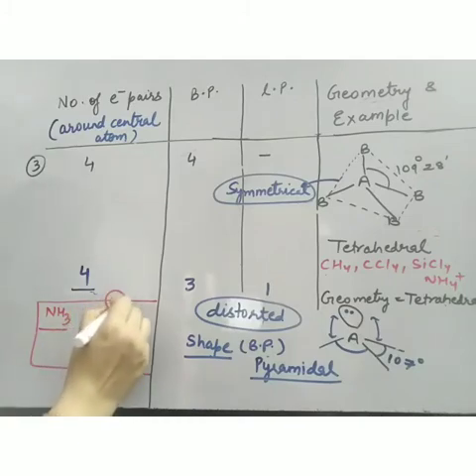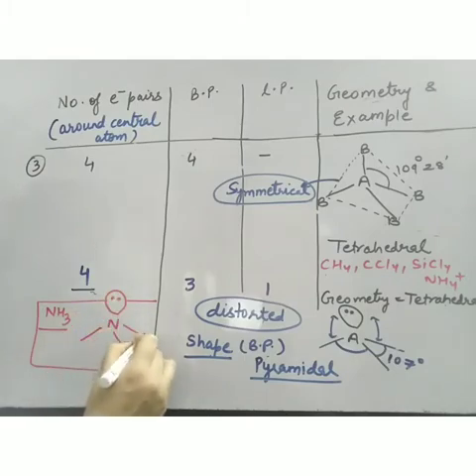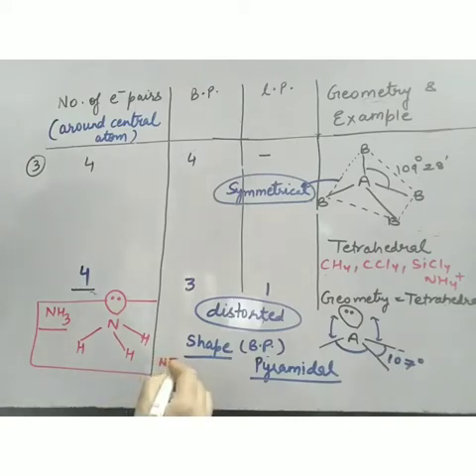It is having one lone pair and three bond pairs are there like this. The best example is your NH3. Okay, total 5 valence electrons are there, so 3 are bond pairs and 2 are lone pairs. Other examples can be NF3, PCl3, like this.